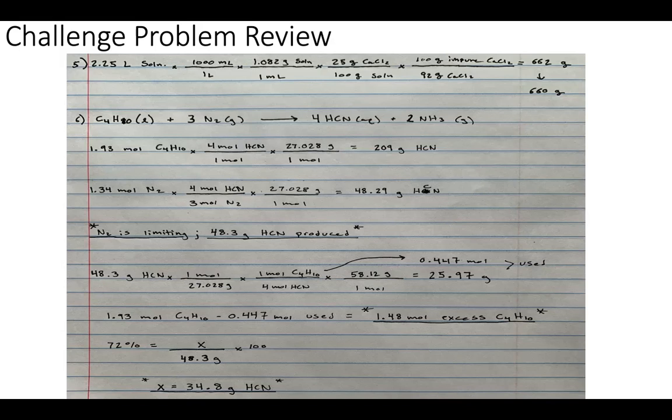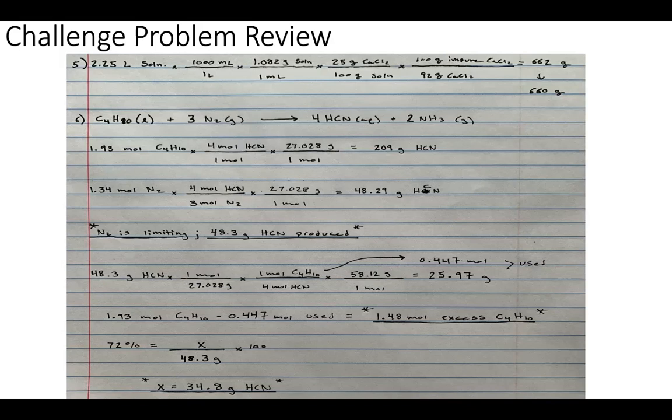And so when we do all this dimensional analysis and look at all of our units, the end number, which comes out to about 660, is how many grams of impure calcium chloride you have to make this solution, and so the answer is 660.